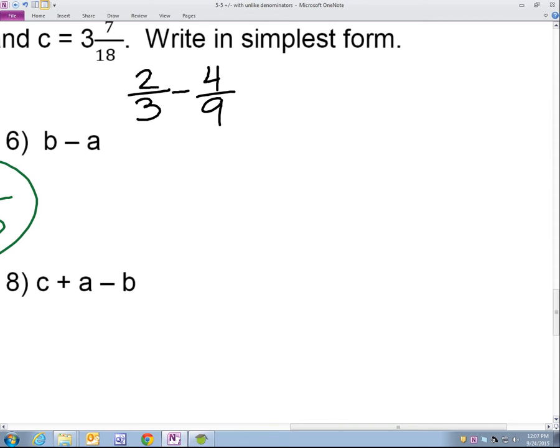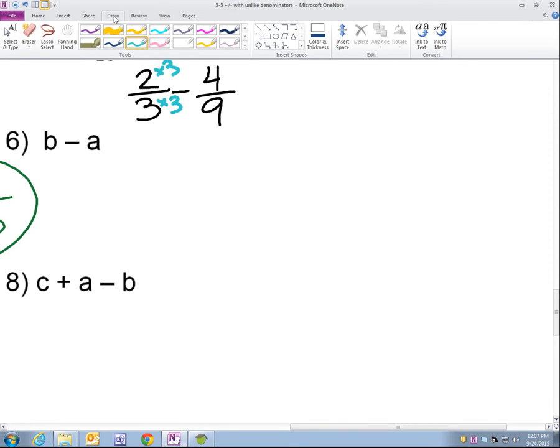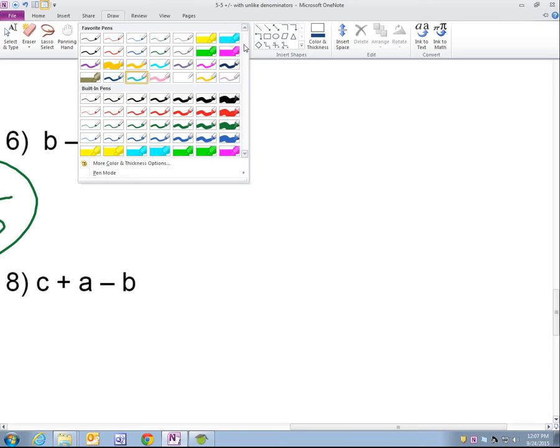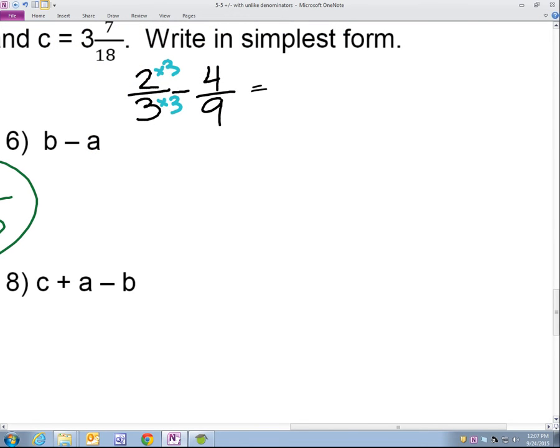What do you notice, Cole? 9. It's going to be 9 because the 3 multiplied by 3 is going to be a common denominator of 9. So I have now 6 over 9 minus 4 over 9. And I have common denominators, which means I just do the 6 minus 4. So I have 2 9ths.